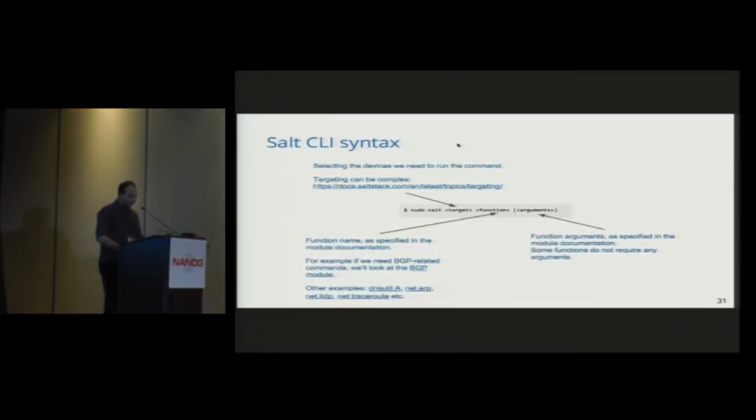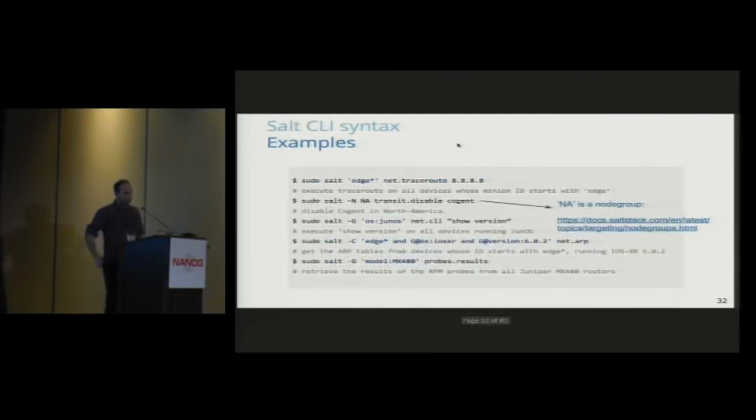How to use these grains? I have here a couple of examples. The star, we have already seen it. You can do salt edge* net.traceroute and it will execute traceroute on all your edge routers. Or you can define something more interesting, something called node group.